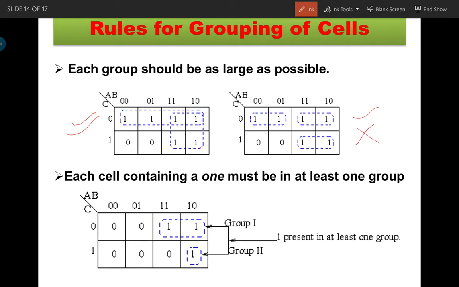Okay, now coming to the next point, each cell containing a one must be in at least one group, right? So this means that if a single one is left, that is also not accurate. If you make a single one a group, that is not possible if overlapping makes it possible, so always go for that, right? So that is the rule for this one.